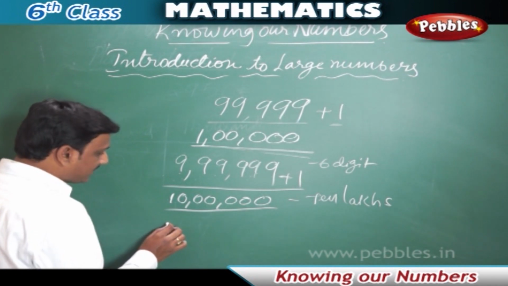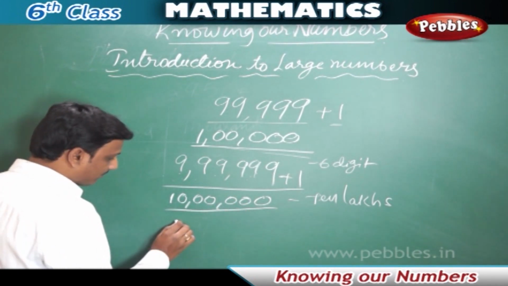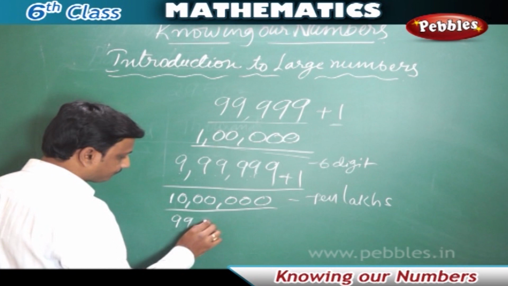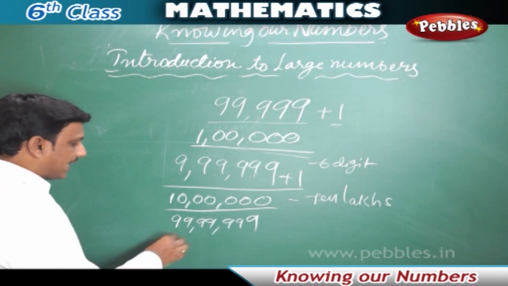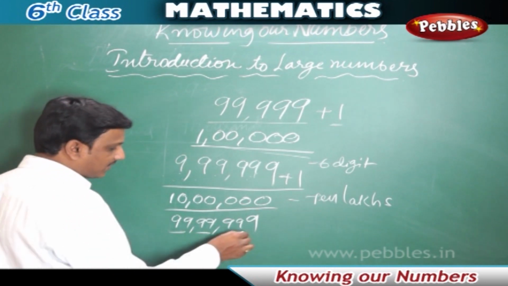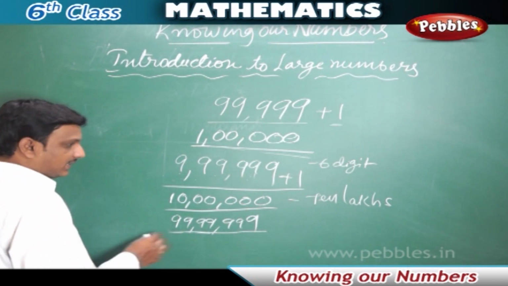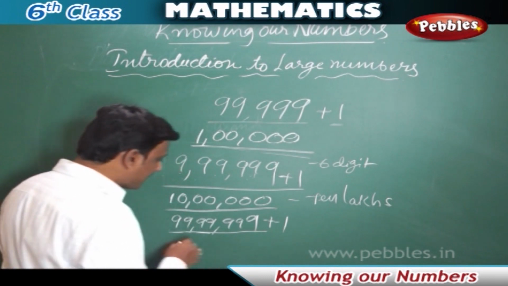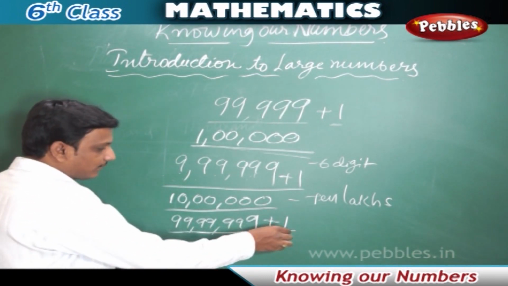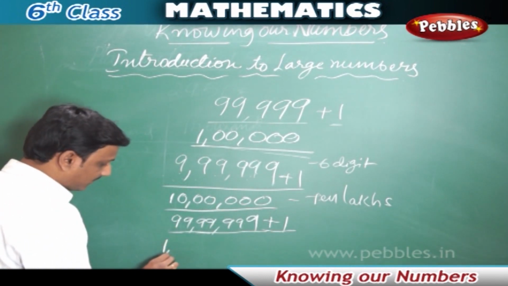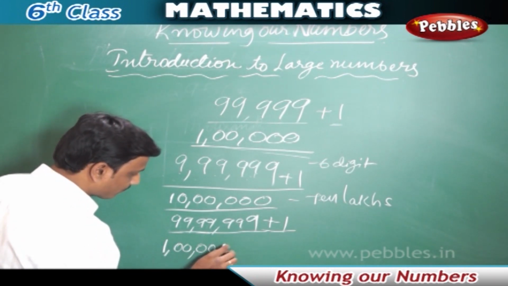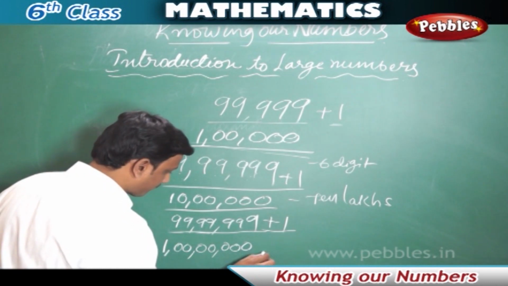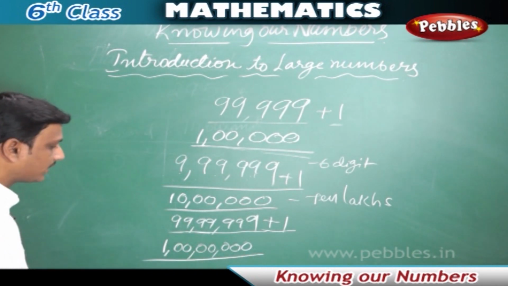Now, the biggest 7-digit number is 99,99,999. If we add 1 to the biggest 7-digit number, it becomes 1 crore.